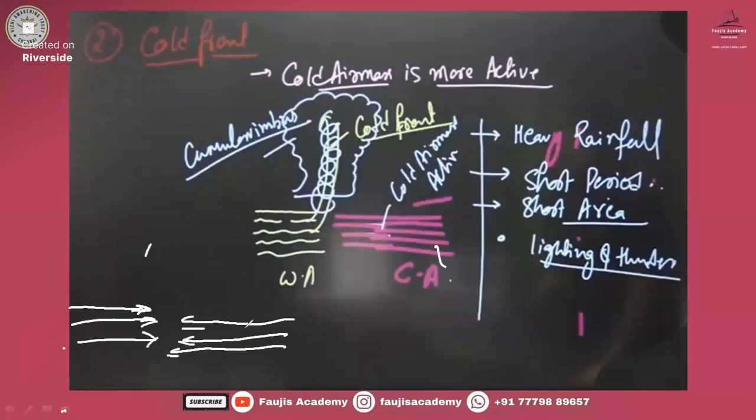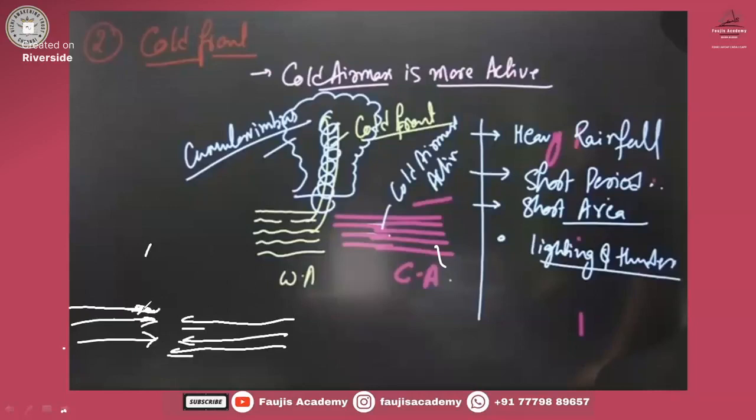So when the cold air mass is coming from this side and is active, blowing in a silent manner, what will happen? When the convergence happens, this particular warm air mass will be ascending.